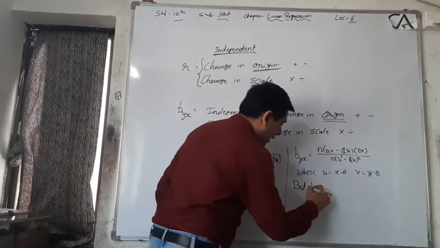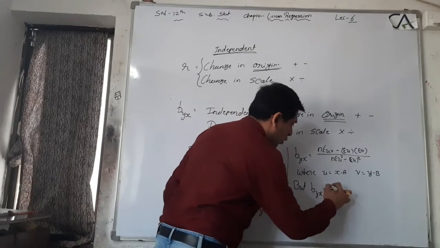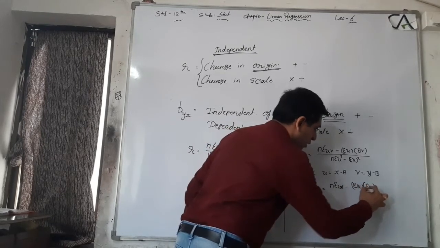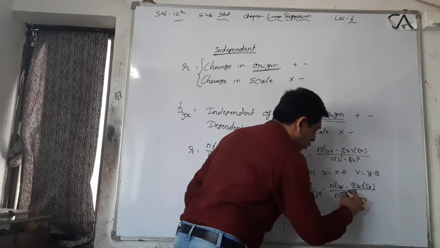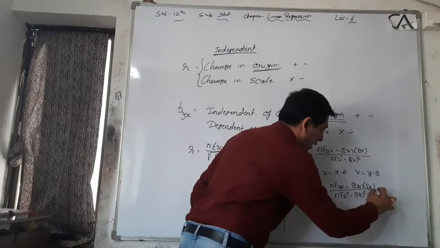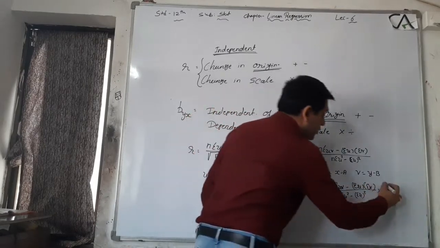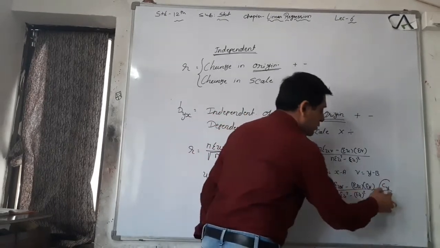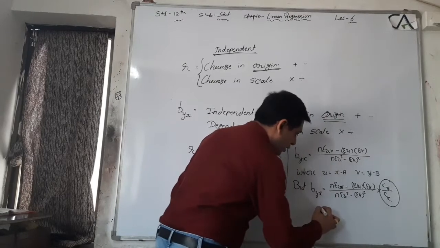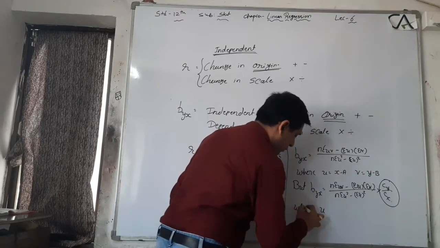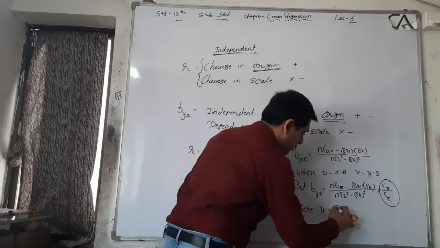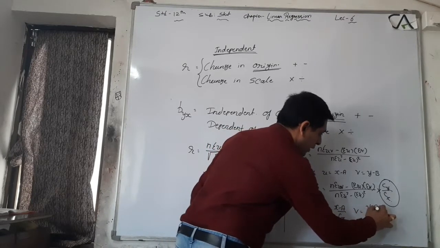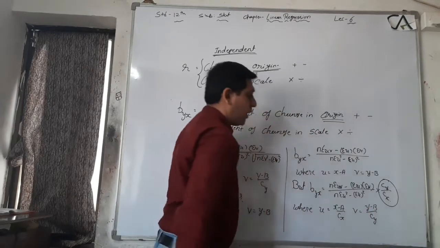Byx is equal to n sigma uv minus sigma u into sigma v upon n sigma u square minus sigma u whole square, into cy upon cx. Here u is equal to x minus a upon cx and v is equal to y minus b upon cy.